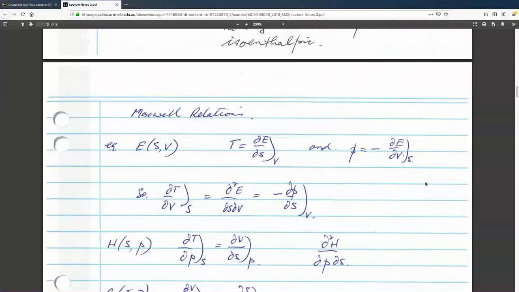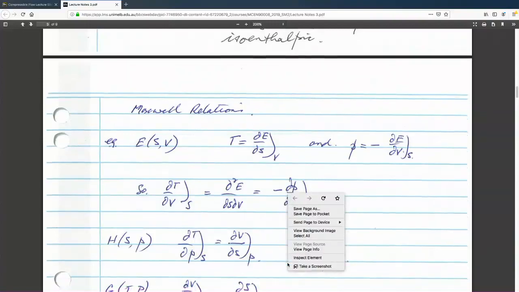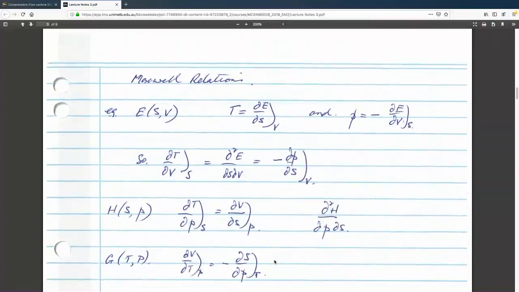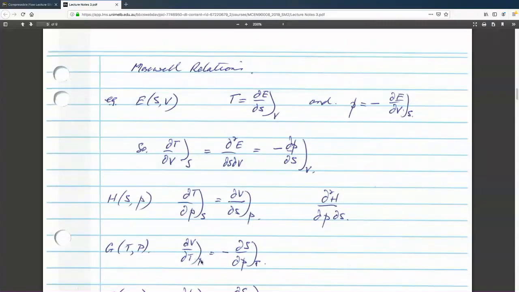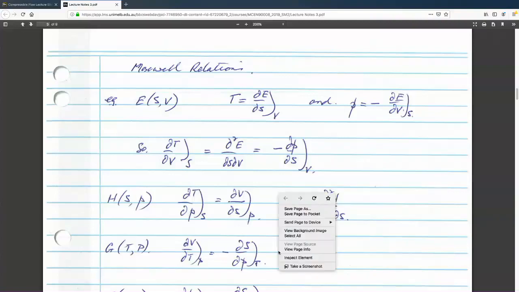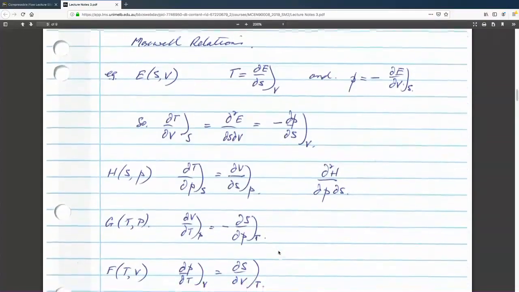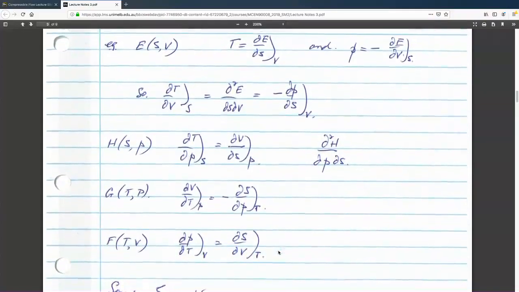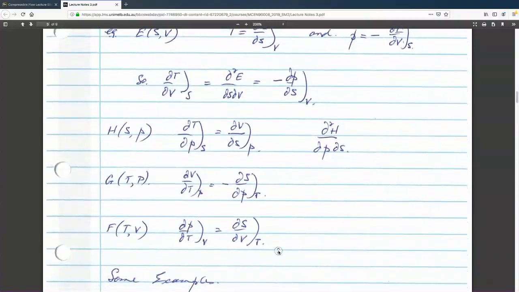I can do the same thing now for G, and I get the third of Maxwell's equations: dV/dT at fixed pressure is minus dS/dP at fixed temperature. These are seemingly bizarre connections, but they're buried in this canonical equation of state. They must be satisfied. And the free energy, F of T and V, will give the fourth of Maxwell's relations.